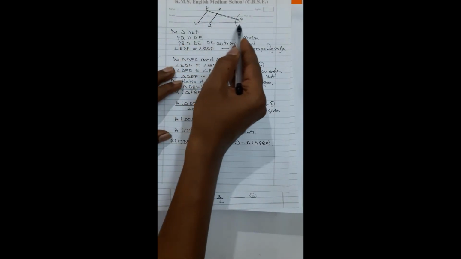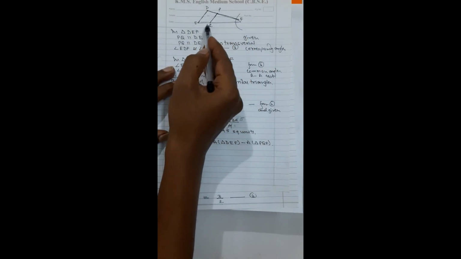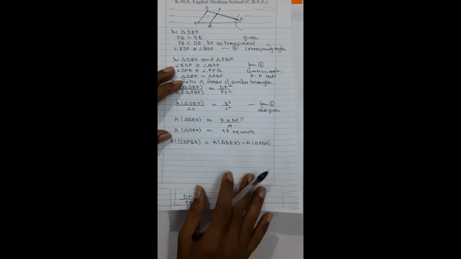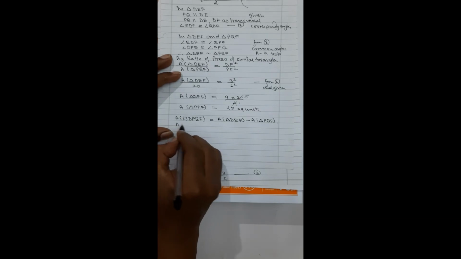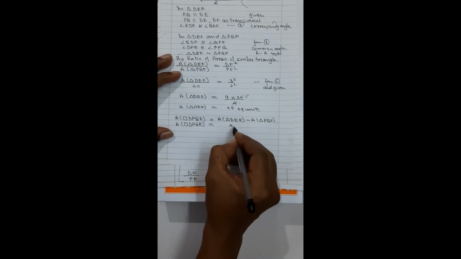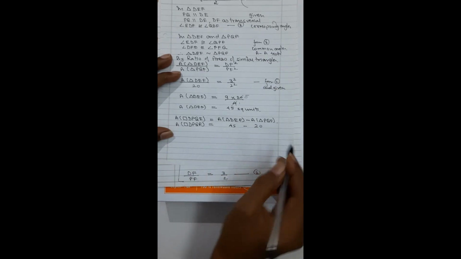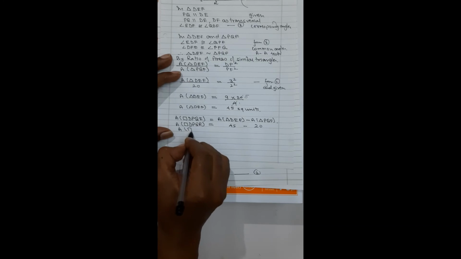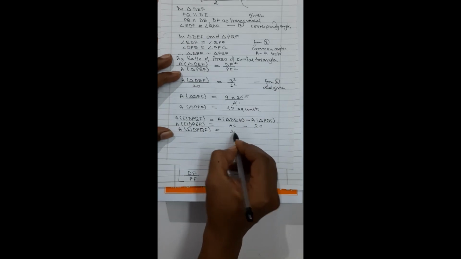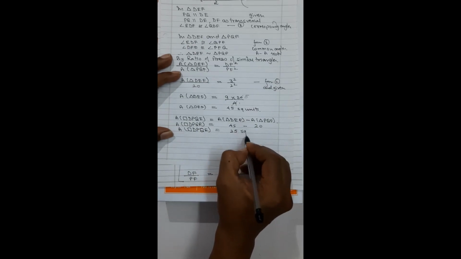You subtract this and you will get it. The area of triangle DEF is 45 and this is 20 given to you. So area of quadrilateral DPQE is equal to 25 square units.